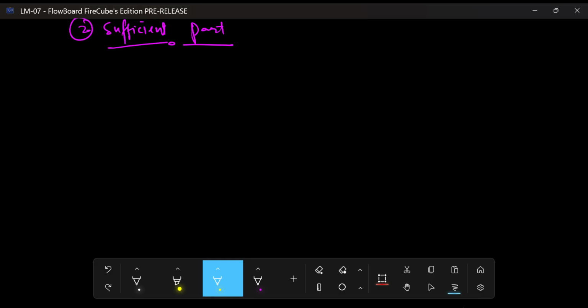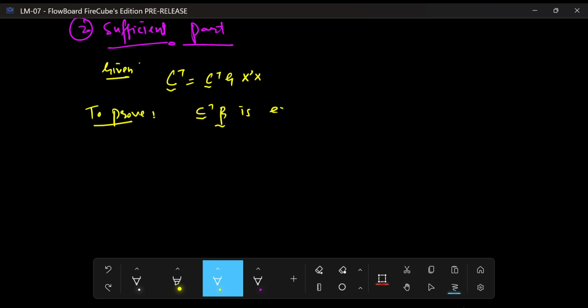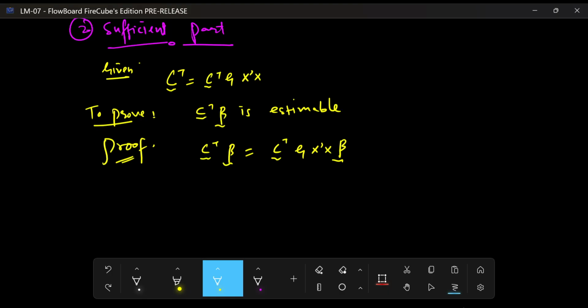Now the sufficient part. As we know, we are given C curl transpose is equal to C curl transpose G X transpose X, where G is a generalized inverse. Now to prove: C curl transpose beta curl is estimable. Now the proof. As we know, C curl transpose beta curl is equal to C curl transpose G X transpose X beta curl.